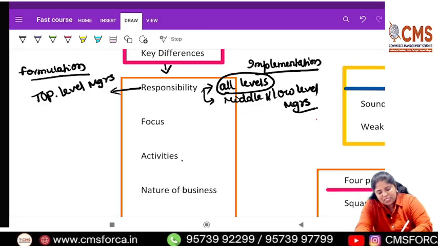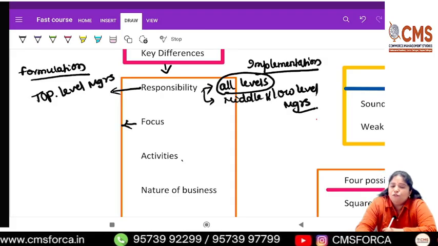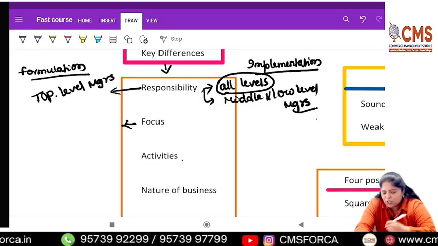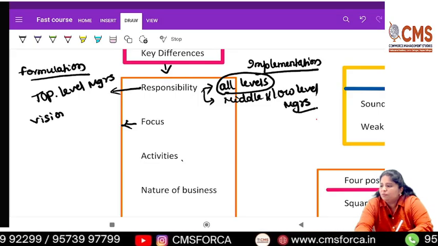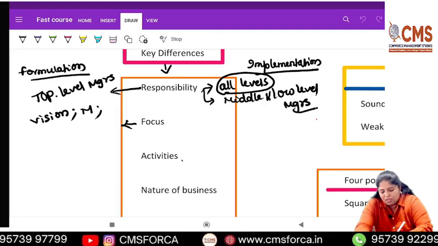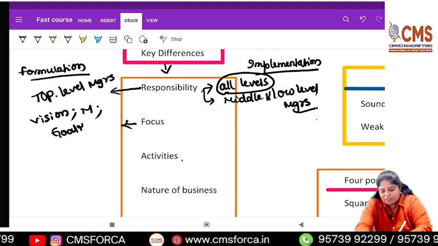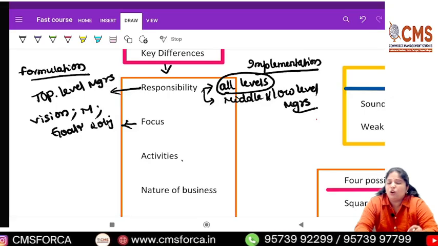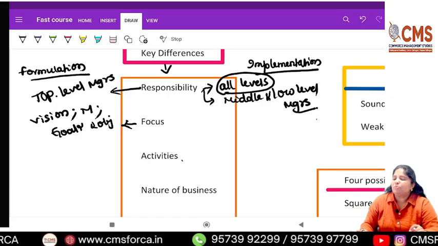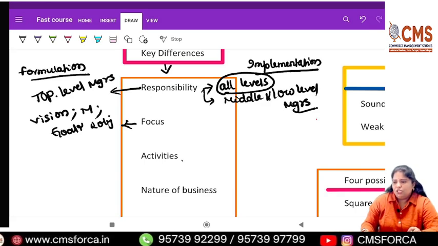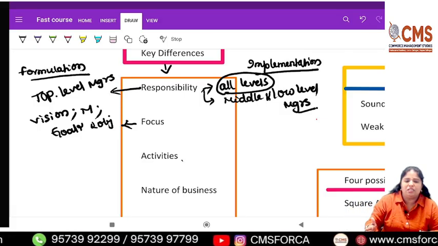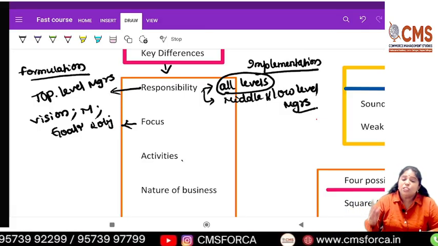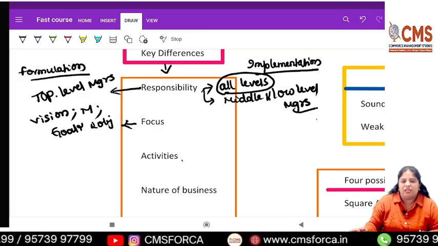Next difference, let's talk about the focus. The focus of formulation always is on vision, mission, goals and objectives. So when you are formulating any strategy as a senior level manager, you should keep in mind that your strategies are aligned with vision, mission and goals and objectives. So your focus always should be on that.